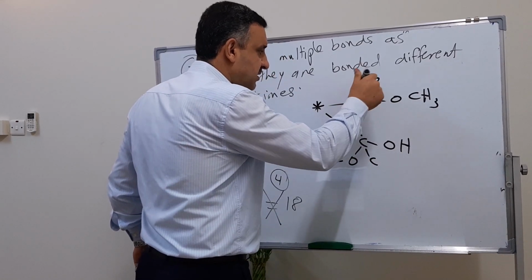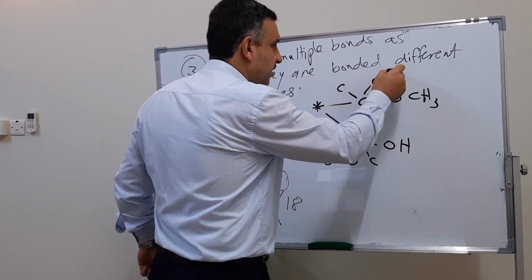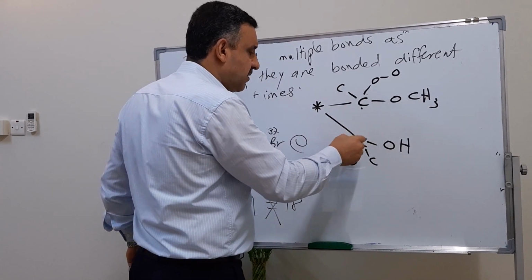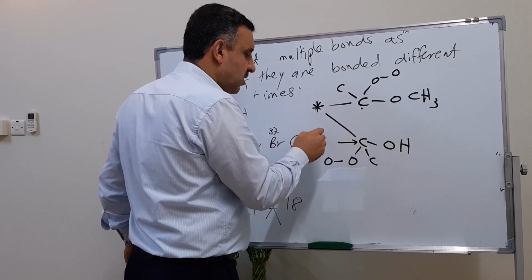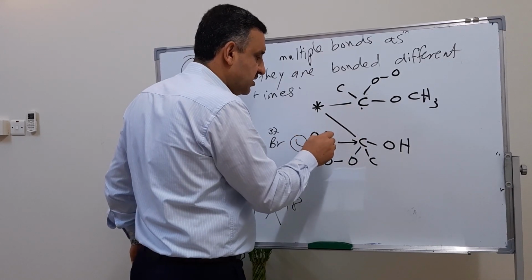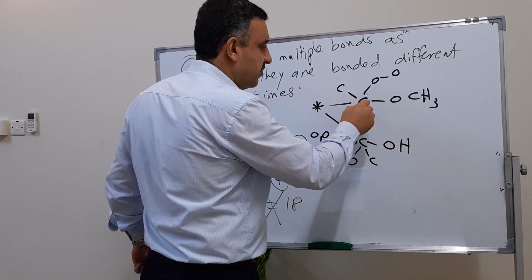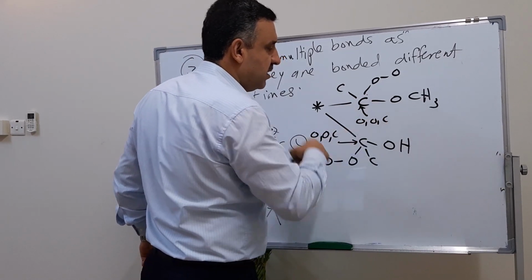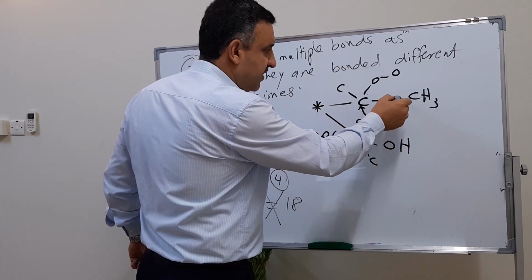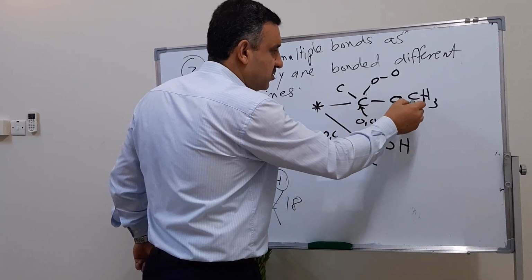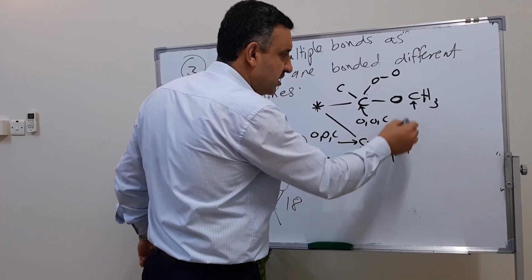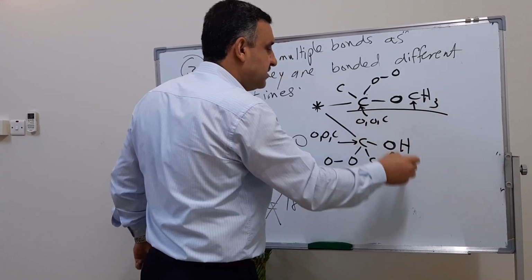We remove this, this will be carbon, this will be oxygen. Now we can compare. This carbon is connected to oxygen, oxygen, carbon. This carbon is connected to oxygen, oxygen, carbon. Further, we will find that this oxygen is connected to carbon, while this oxygen is connected to hydrogen. Then that means this group is higher.